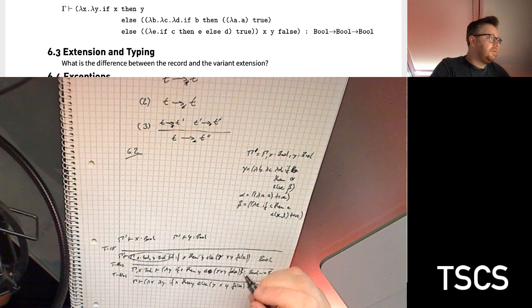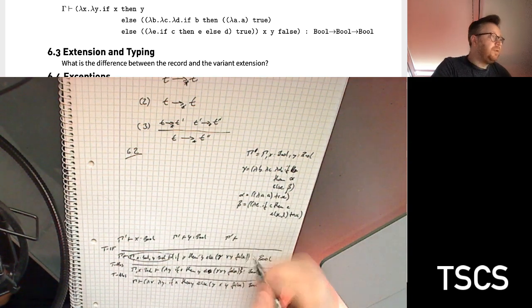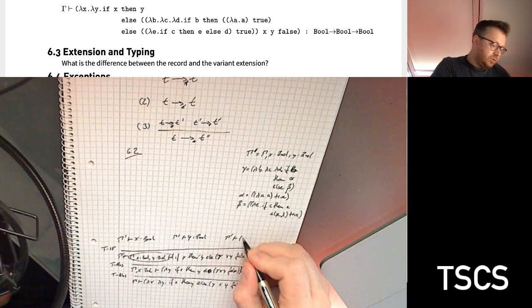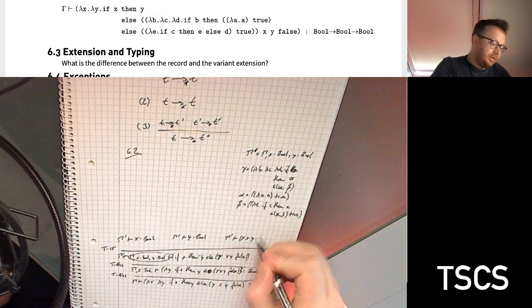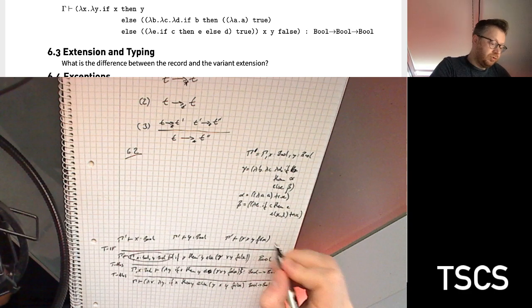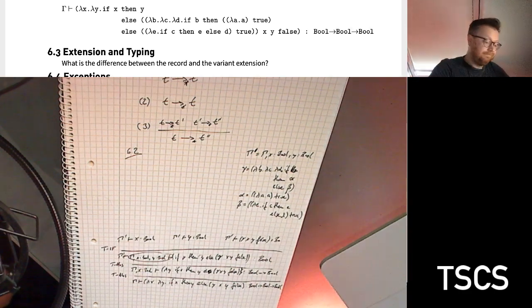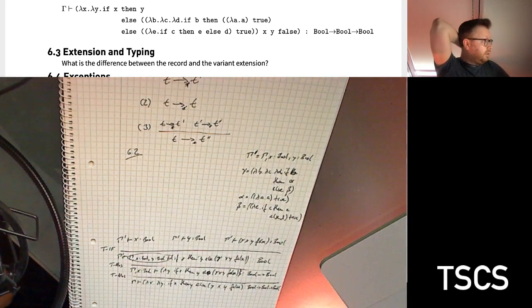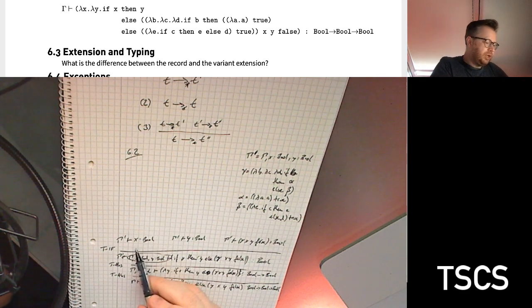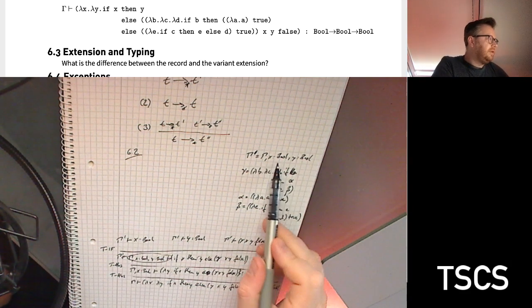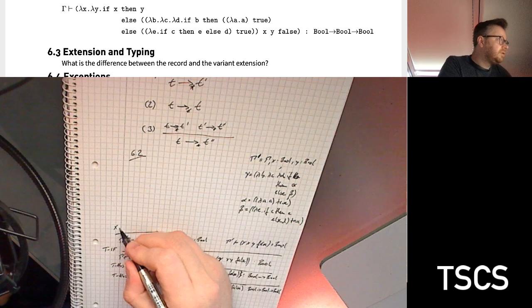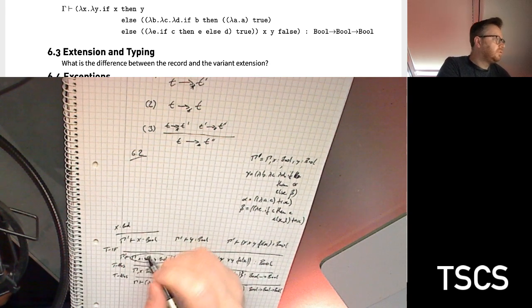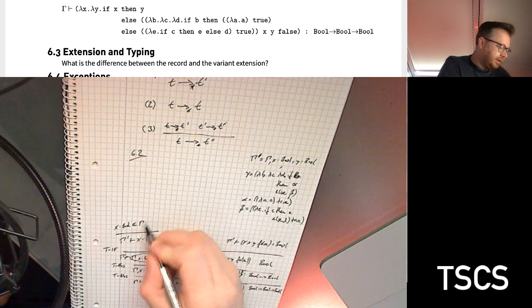And under the same assumptions, gamma x y false would also be bool. So, the first thing that we need to check is x of bool. X is in the set, so the premise holds. X bool, this relation is in gamma prime.